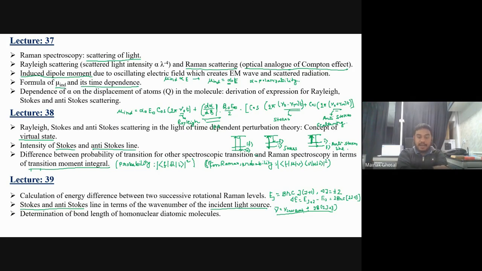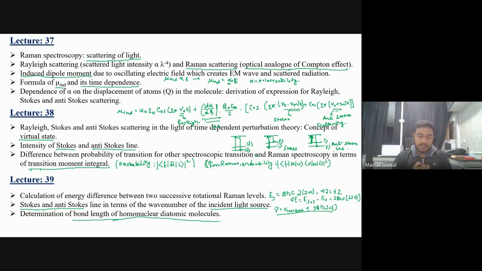Now, the main advantage of Raman spectroscopy is the determination of the bond length of homonuclear diatomic molecules. In previous discussions on IR spectroscopy, we were unable to get the bond length of a homonuclear diatomic molecule. For a heteronuclear diatomic molecule you can get the bond length, but for a homonuclear diatomic molecule there was a restriction. Why?